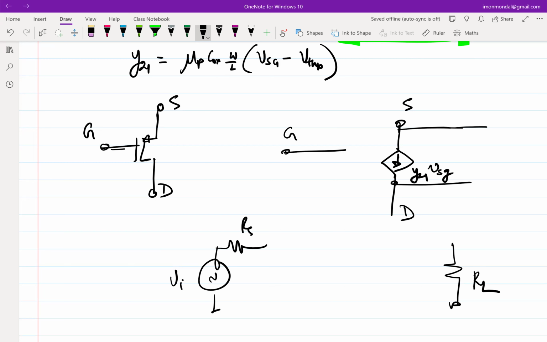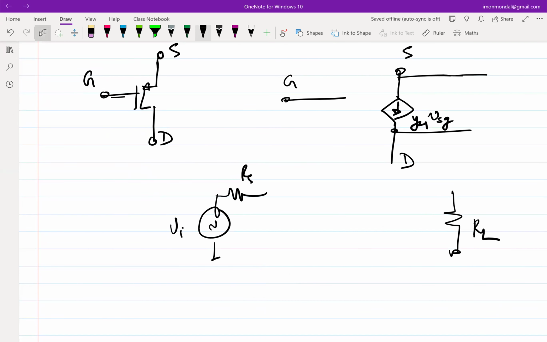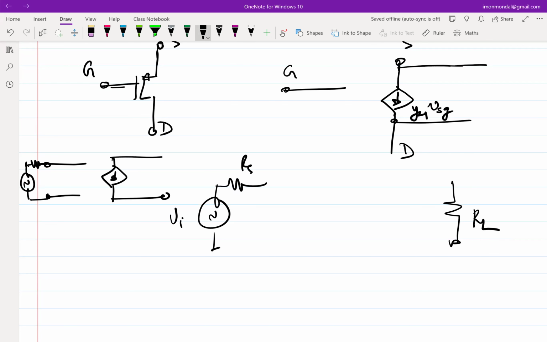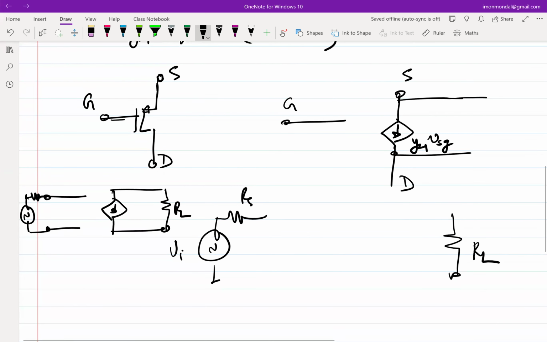Again, I would request you to connect it to the initial two-port network that we had, the one that we did like 7 classes back probably. The source was connected here and the load was connected here, right?